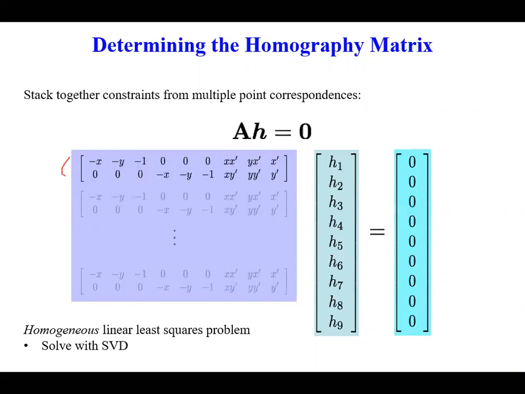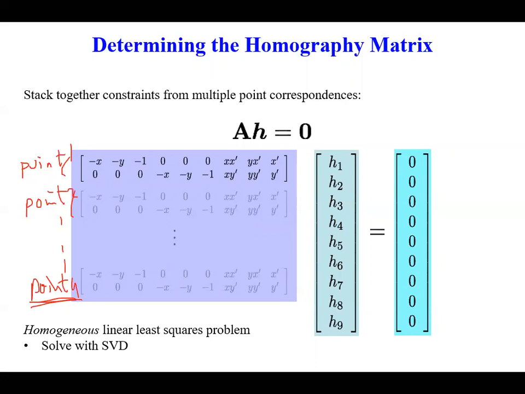This will be, as an example, point 1, this will be point 2, and so on and so forth, till point n. If I am talking about homography, 4 points should be enough. For translation, 1 point will be enough. For affine, 3 points will be enough, and so on.